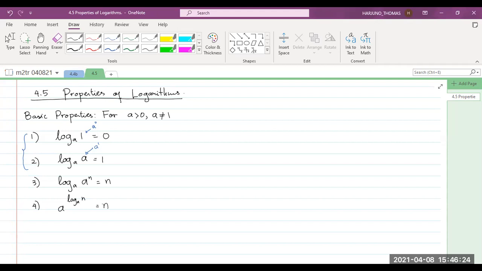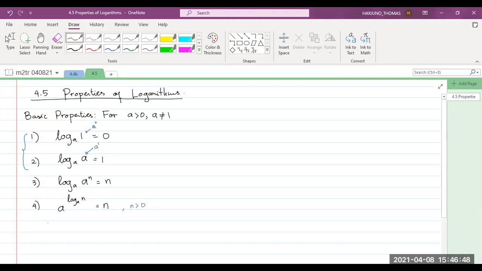Log cancels the exponential, exponential cancels the log. But of course, with the rule that the argument has to be positive. Maybe I write it there, that the n has to be positive.